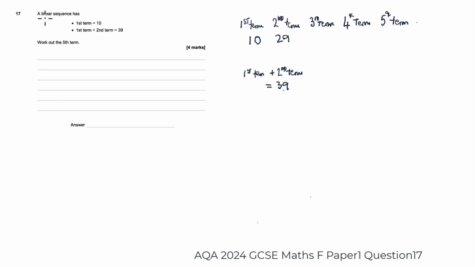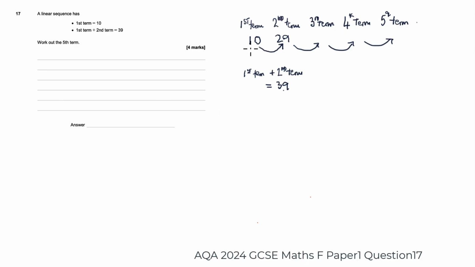Now, as I said, a linear sequence means you add the same number all the way along the sequence of numbers. So from one term to the next, you add the same number. That's how we're going to get to the fifth term.